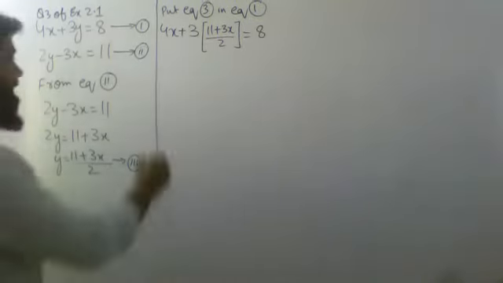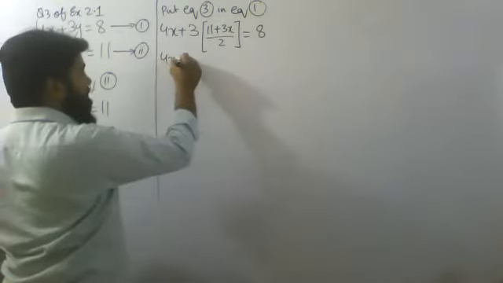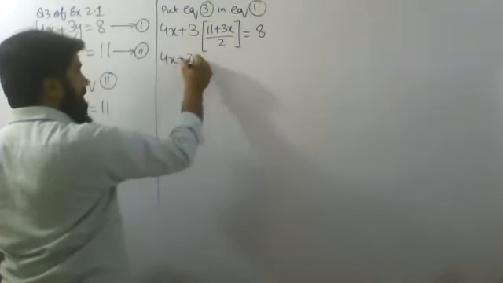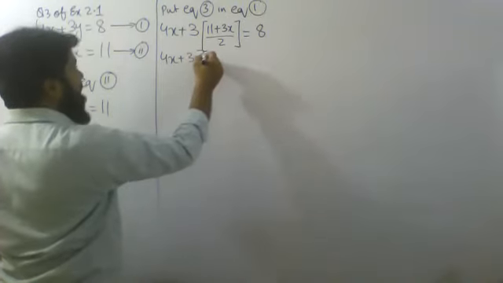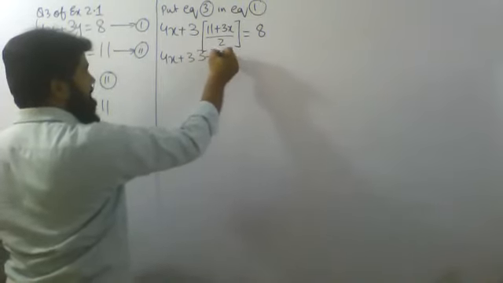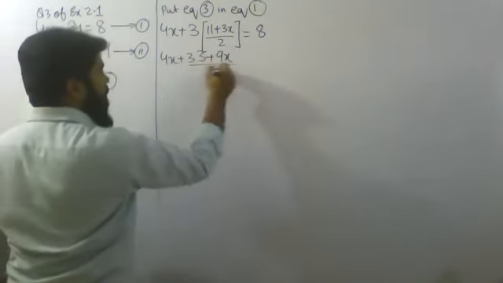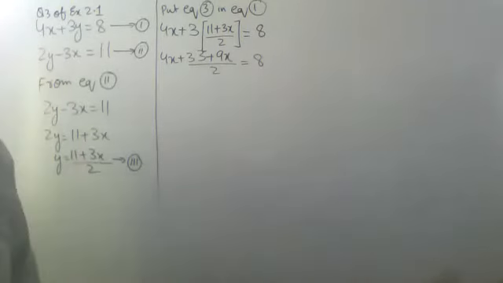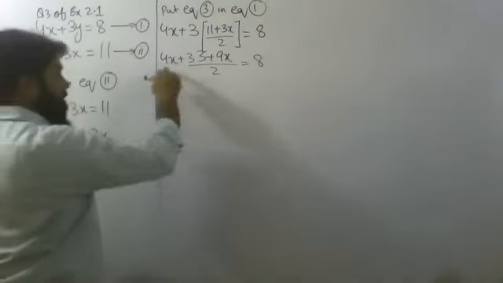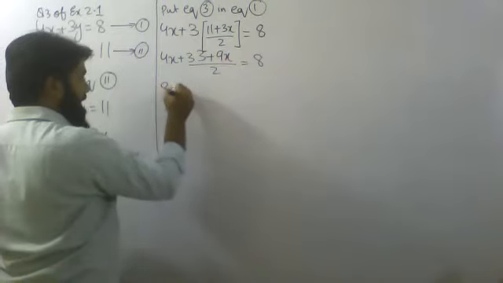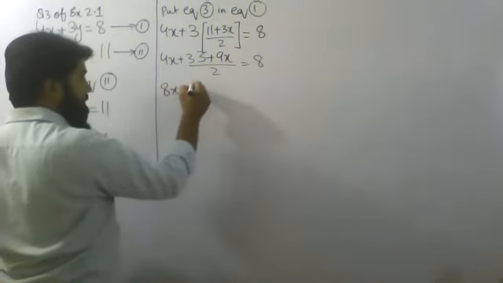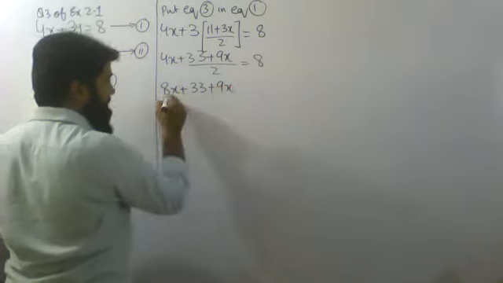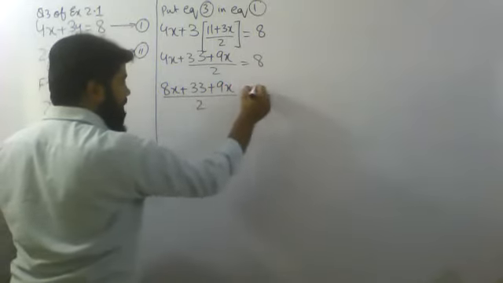Okay, simplifying it, 4x plus these two can't get cancelled, so 33 plus 9x over 2 equals to 8. Now I am taking LCM. So 2 4s are 8x plus 33 plus 9x over 2 equals to 8.